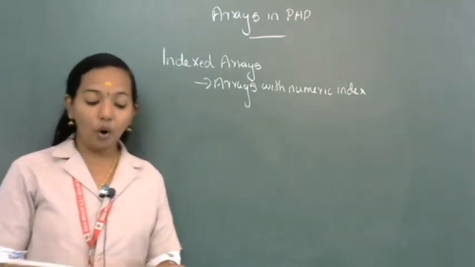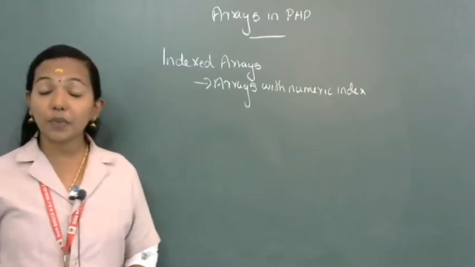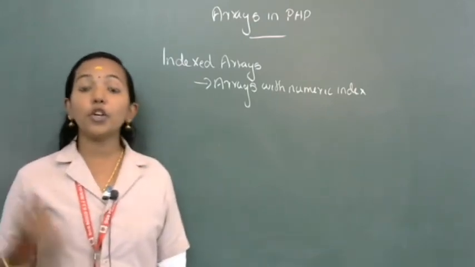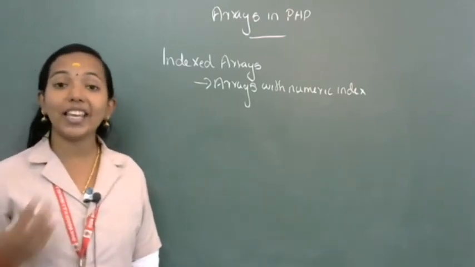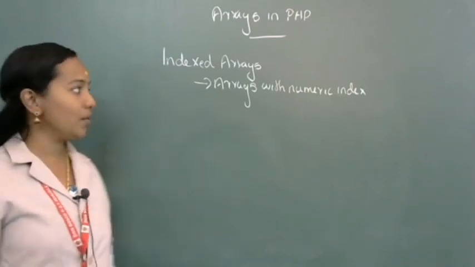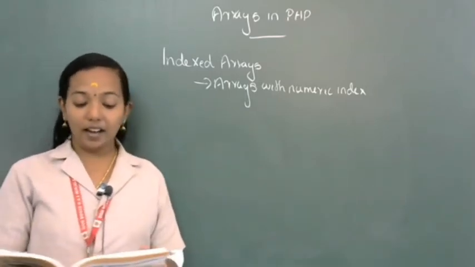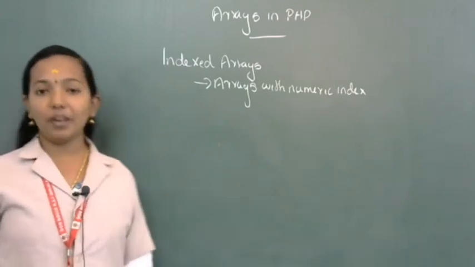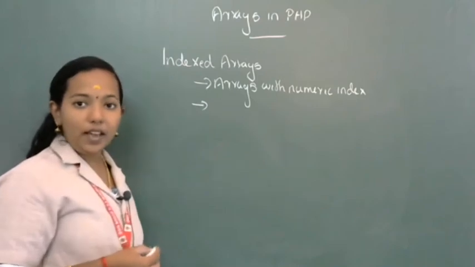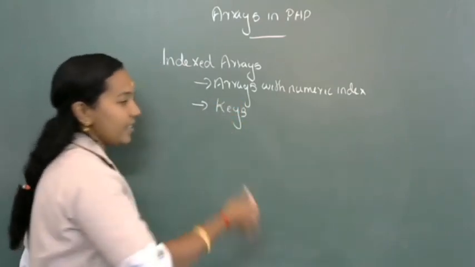They are almost similar to arrays in C++. They use non-negative numbers as indexes; negative numbers we can't use. But in PHP, instead of index or subscript, we use a term called keys.